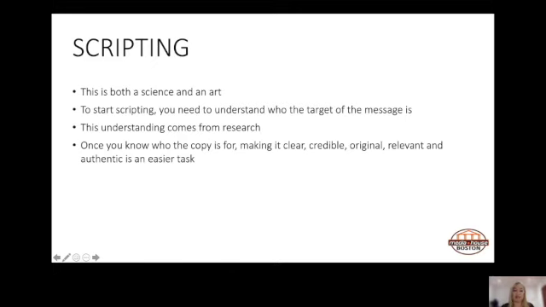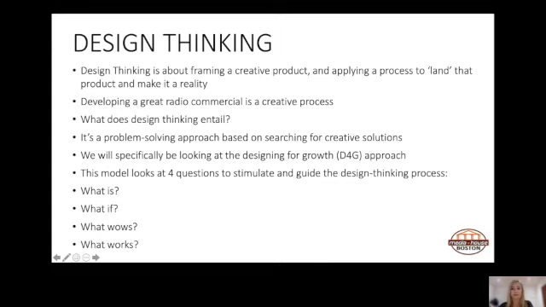This understanding comes from researching that audience and understanding their needs before you can develop an advertising message that addresses these needs. So simply put, once you know who the copy is for, making it clear, credible, original, relevant, and authentic is a little bit of an easier task. And this then brings us to design thinking.